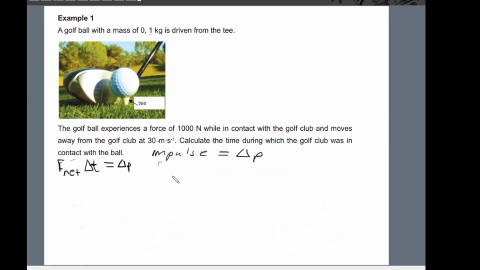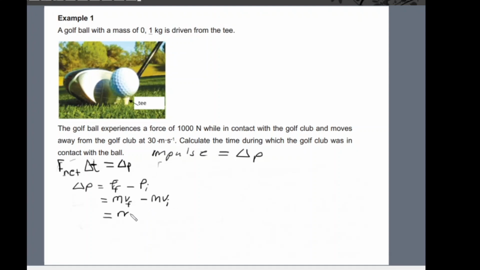So let us calculate change in momentum first. Change in momentum is equal to final momentum minus initial momentum. Final momentum is the mass of the object times the final velocity. Initial momentum is the mass of the object times the initial velocity.